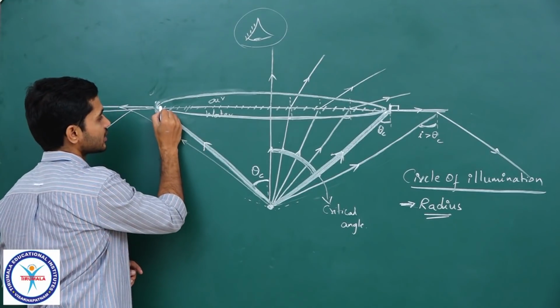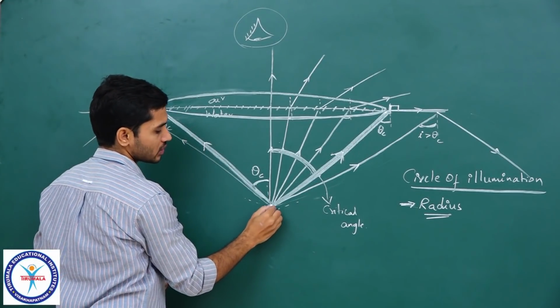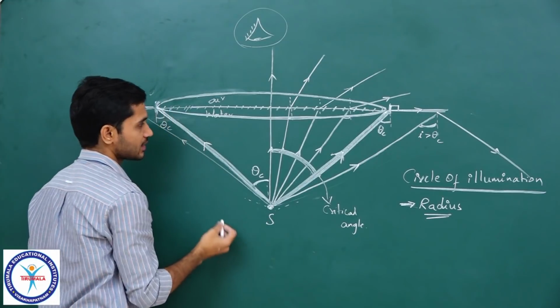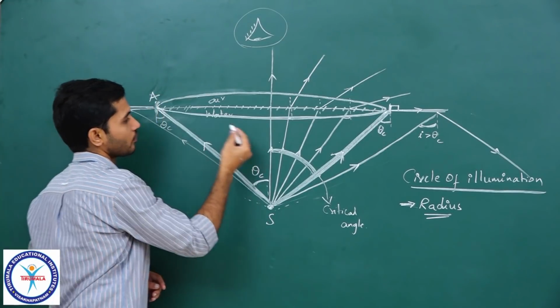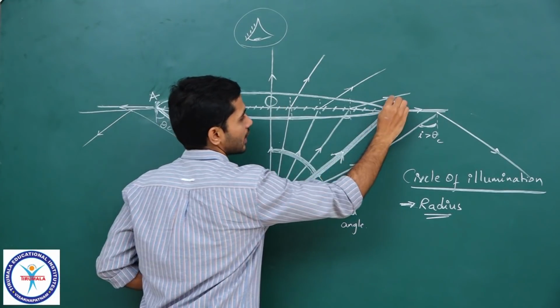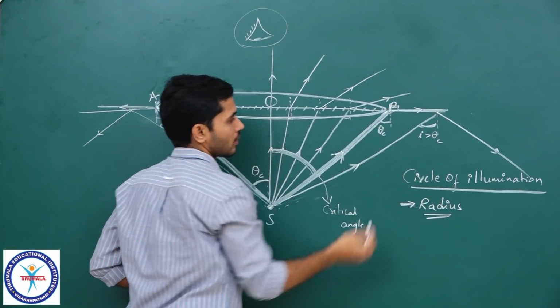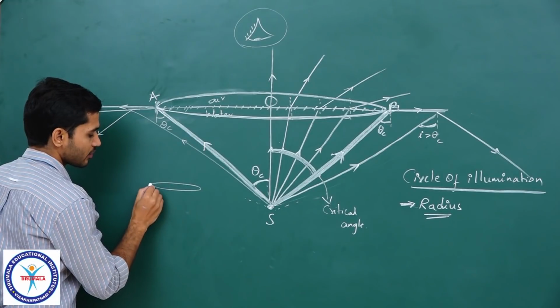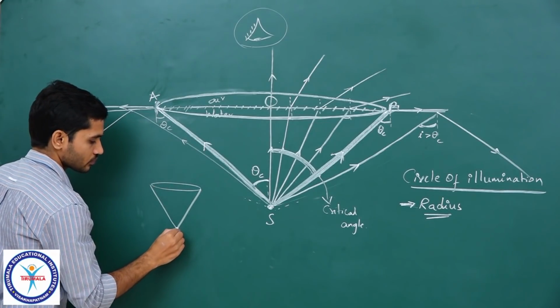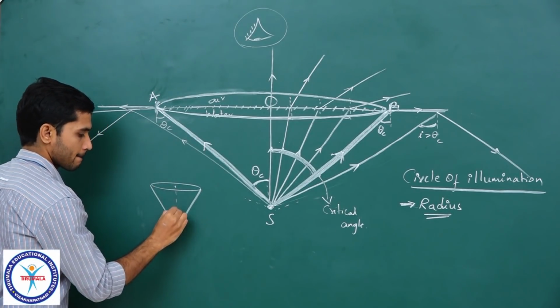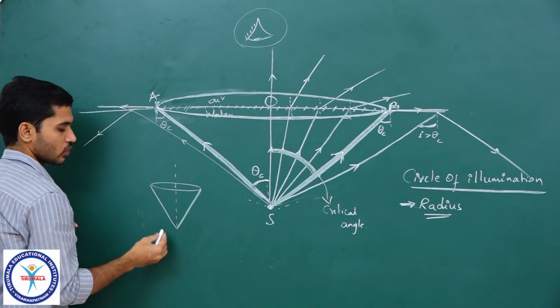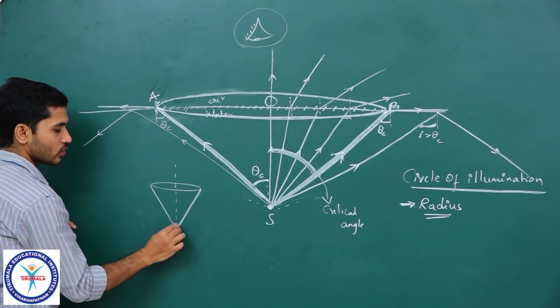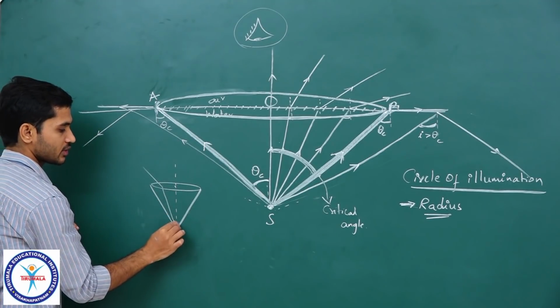Now look at this triangle which is formed. Maybe I'll name the points. Let us say this is S, A, O, and this is B. Clear? I will maybe draw the cone here. The cone would be something like this. Only those light rays coming from inside the cone will come out in this manner.